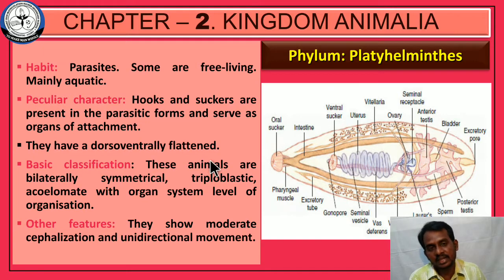And basic classification. There are 3 characteristic features that appeared for the first time in this animal. One is triploblastic organization, second is bilateral symmetry, and third is a body cavity. These are the 3 characteristic features appearing for the first time in this animal. And other features: they have moderate cephalization and unidirectional movement.